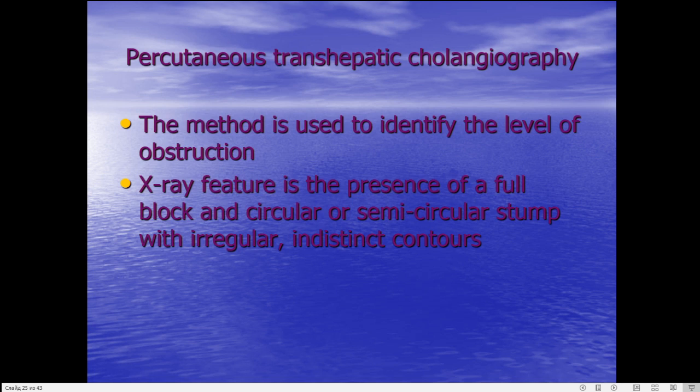If the level is above the bifurcation of the left and right bile ducts, it means the tumor is big and we must drain the bile through percutaneous drainage of the intrahepatic ducts.